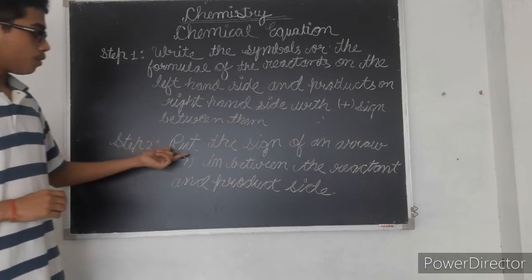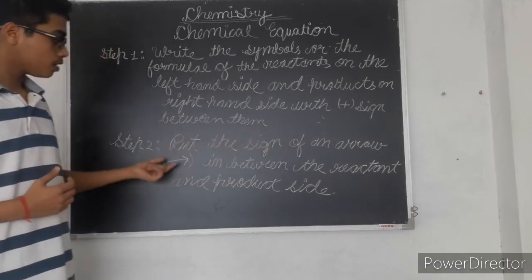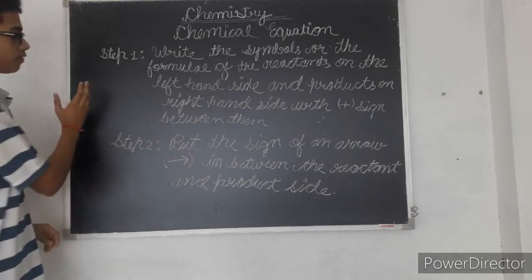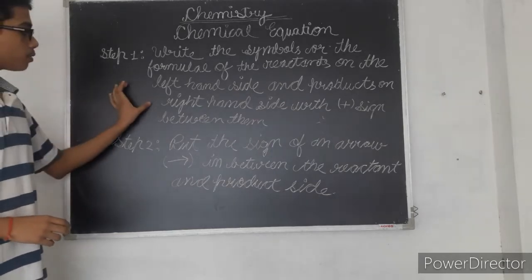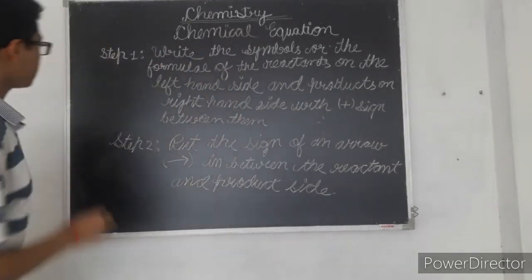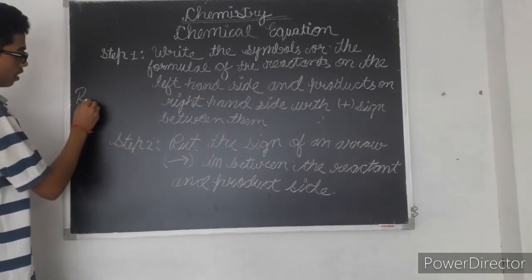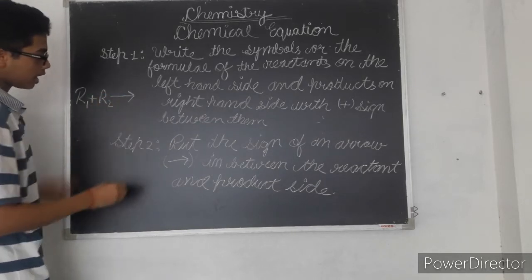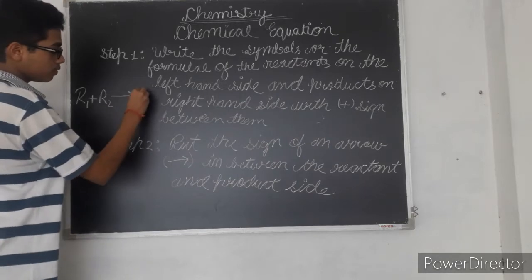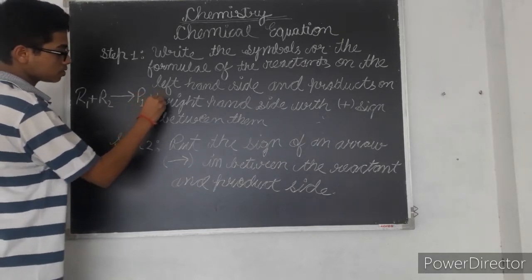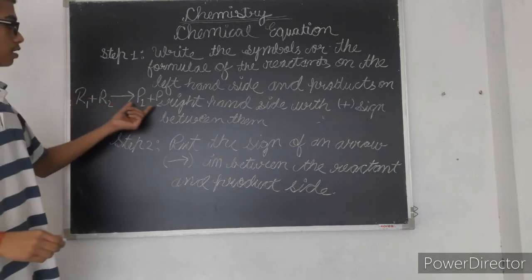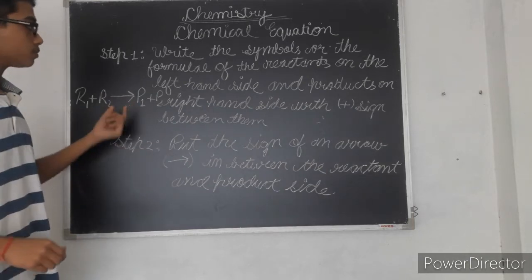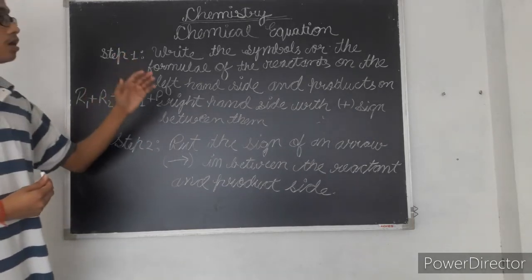And step 2, put the sign of an arrow between the reactants and products. If there is first reactant plus second reactant on the left hand side, then we will write this arrow sign, then we will write first product plus second product. So products are written on the right hand side and reactants on the left hand side with an arrow sign. Now let us take a few examples of chemical equation.